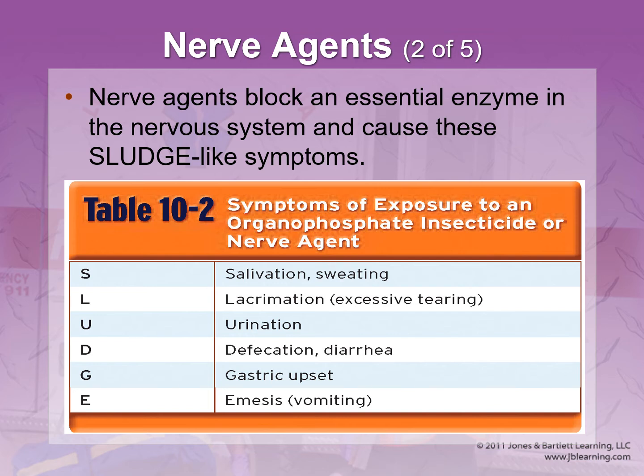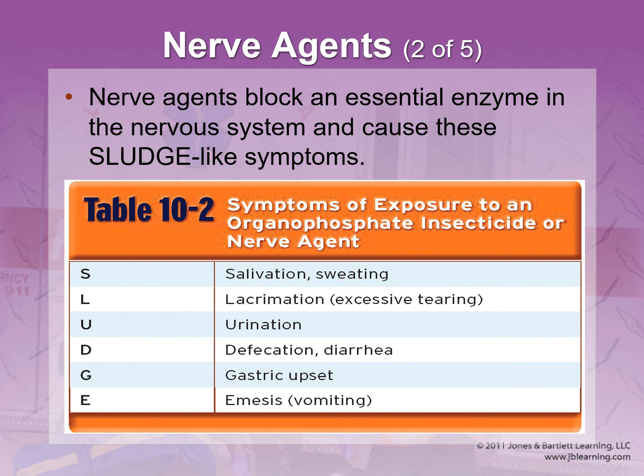So basically, our body is a series of on and off switches. Even our gastric intestines, how they work, and our salivary glands and our tearing, all that stuff is kind of an on and off switch. Well, with this nerve agent, when you get exposed to it, all that stuff goes on and it cannot go off.